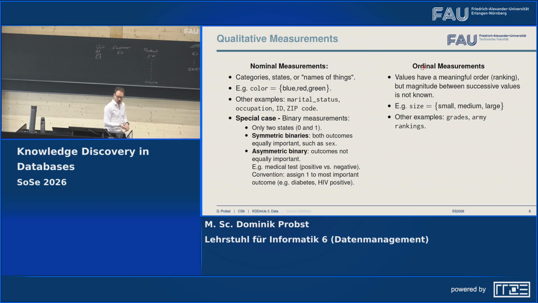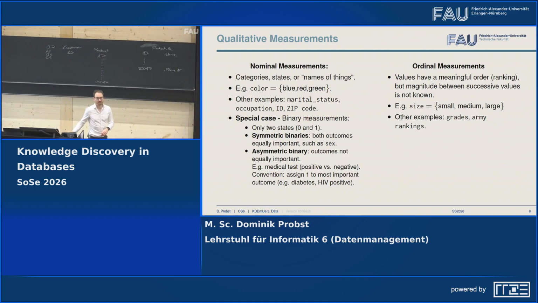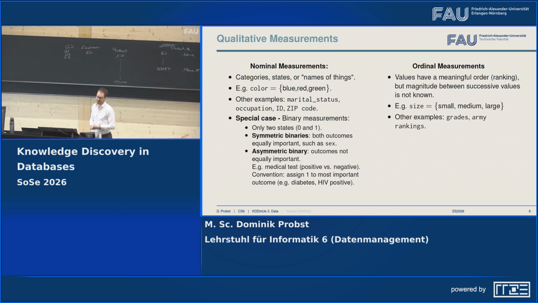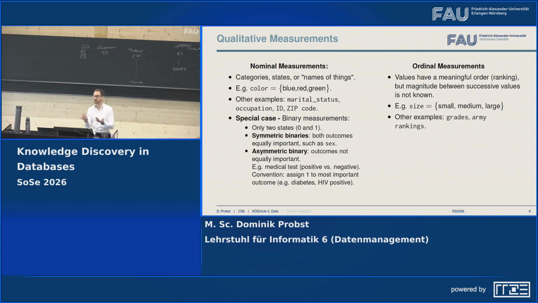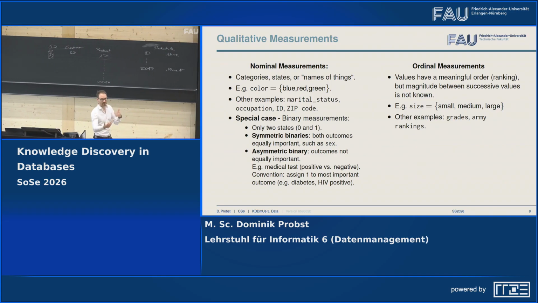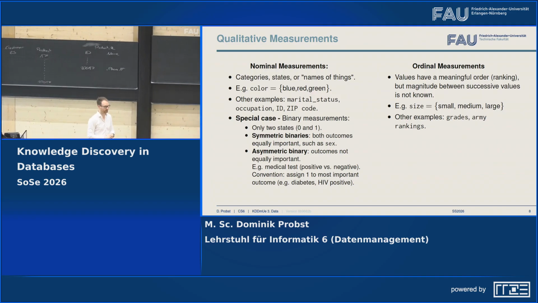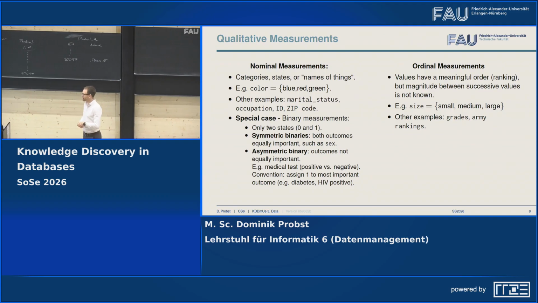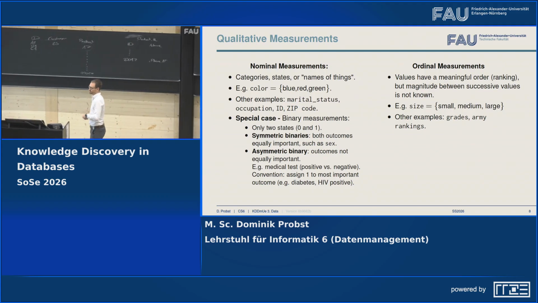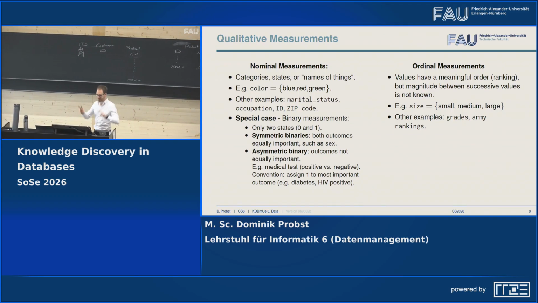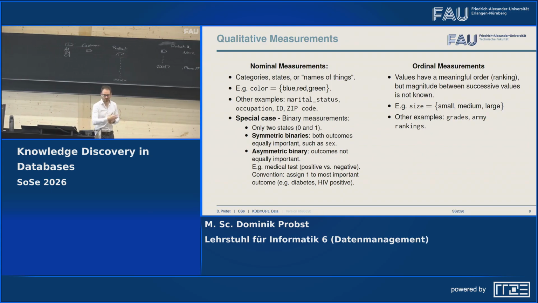I skipped over the special case of nominal measurements. There are some cases where we have binary measurements, where we only have two possible states. For example, 1 and 0 or true and false, those are binary values. An example might be the traditional sex, male and female.